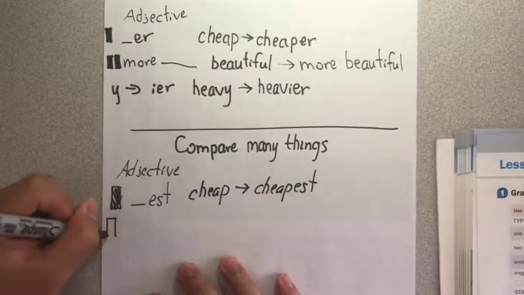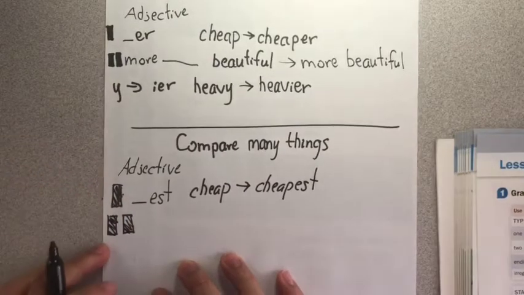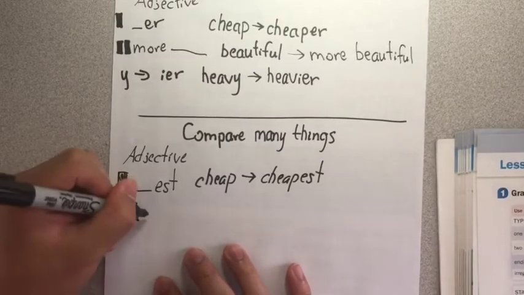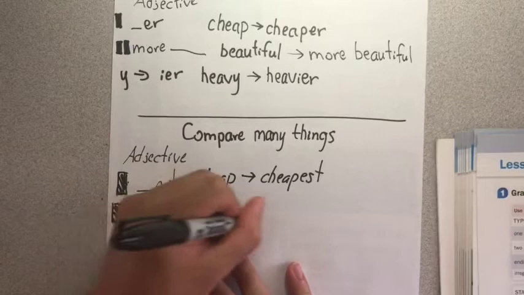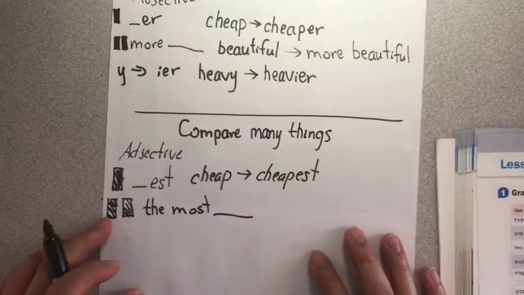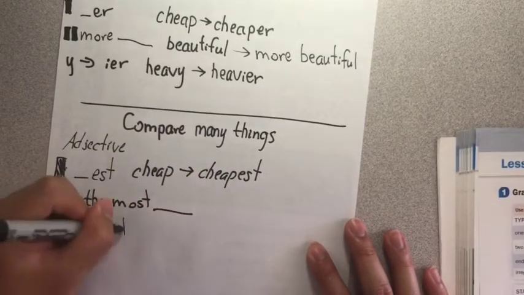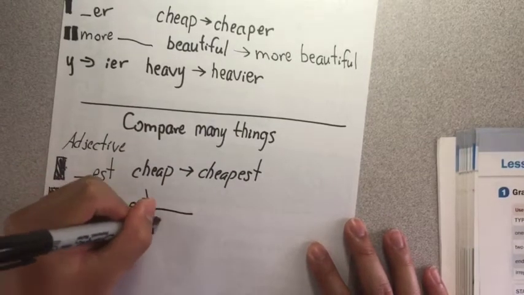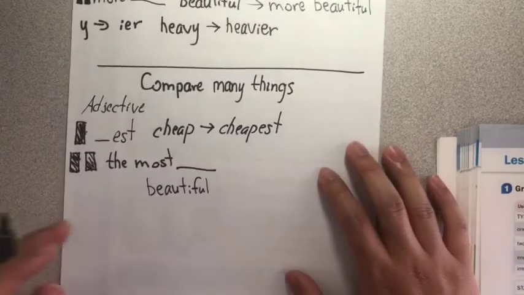If the adjective has more than 1 sound, more than 1 syllable in it, we say the most blank. The most. So let's use beautiful again. Beautiful.